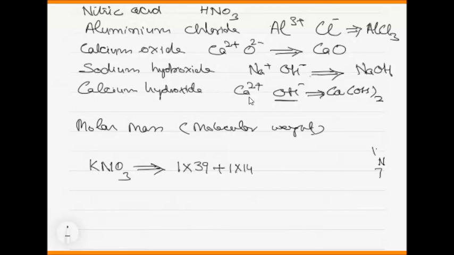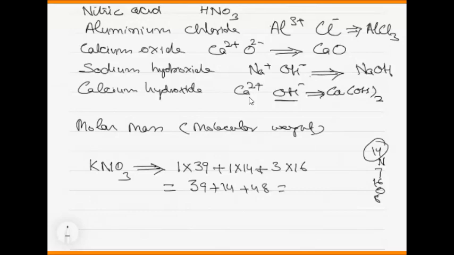So we are using here masses only, remember. Plus there are 3 atoms of oxygen, and the atomic mass of oxygen is 16. So 3 into 16. So this becomes 39 plus 14 plus 48.